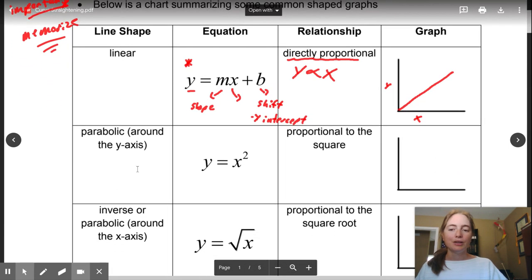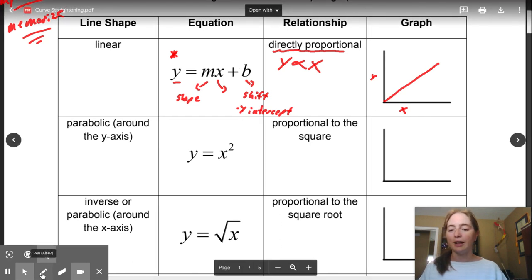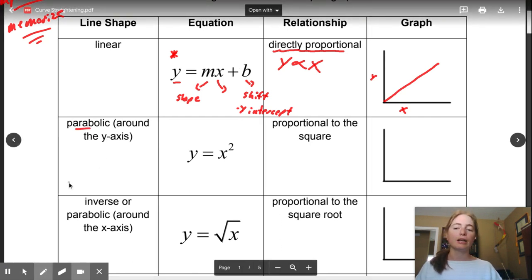For our next graph, we have your parabolic. For this one we're only going to be dealing with the parabola around the y axis, and only looking at this one particular quadrant, not the other three. With this one, y is equal to x squared.